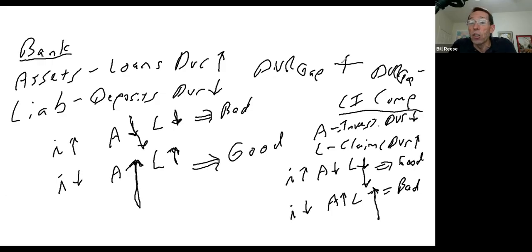And in terms of hedging interest rate risk, the way we can hedge it is to get that duration gap close to zero. If you have a positive duration gap, we want to reduce it. If you have a negative duration gap, we want to increase it. If we can get it to zero, you've hedged the interest rate risk.